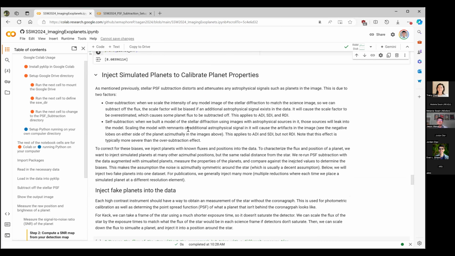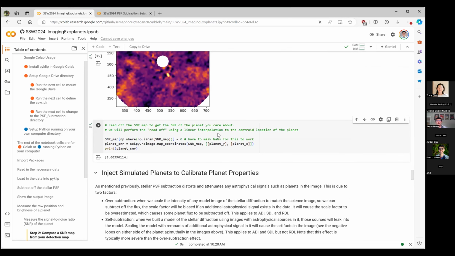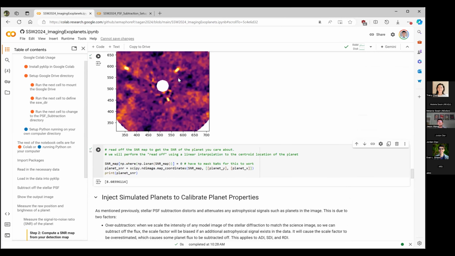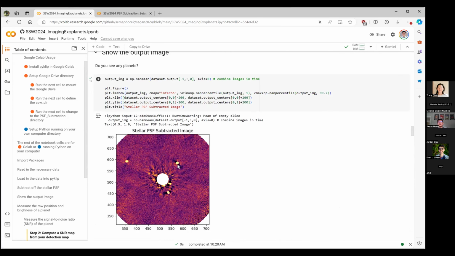So a big part of PSF subtraction, I'm sure this will be covered again in the Tuesday morning session to talk a bit more about why this all happens, but doing the PSF subtraction process also distorts your images and attenuates the flux of any real astrophysical signal. So if you were to measure the flux of a planet here at face value, the flux you'll measure is actually lower than the true flux of the planet.